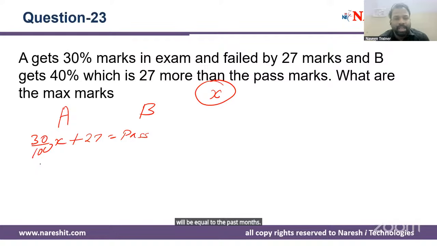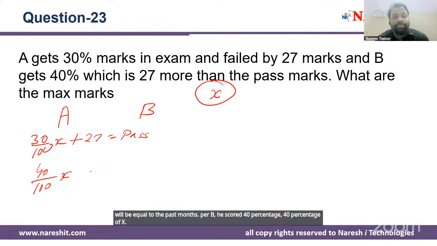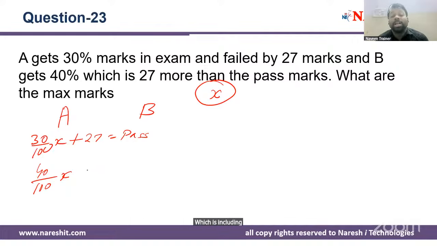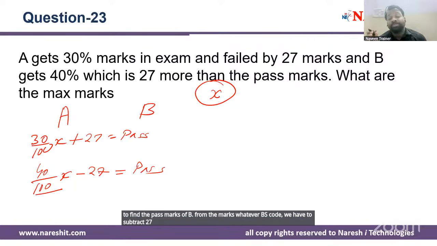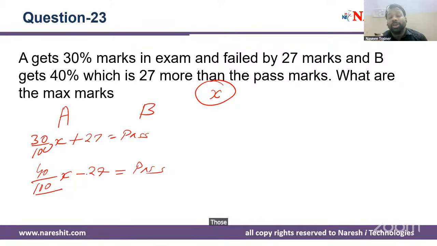For B, he scored 40 percentage of X, which includes 27 marks more than the pass marks. To find the pass marks of B, from the marks B has scored, we have to subtract 27, because those marks include 27 extra than the pass marks.